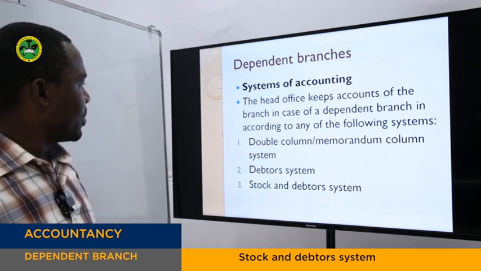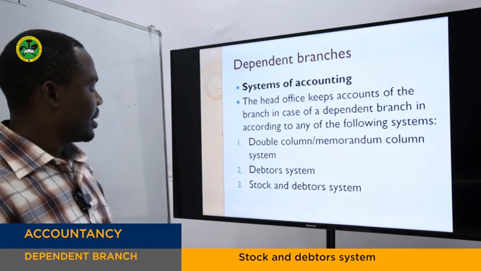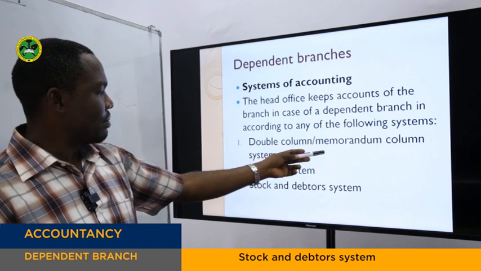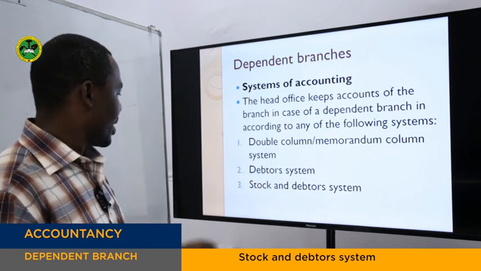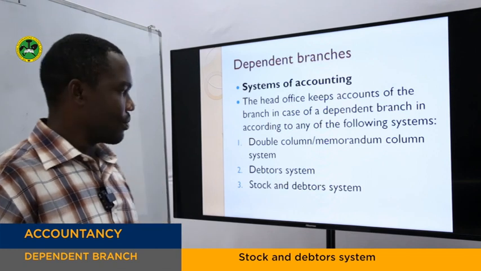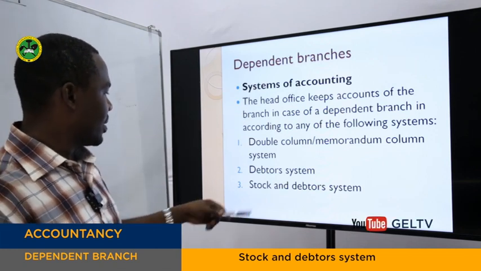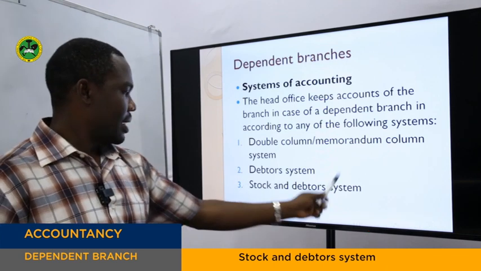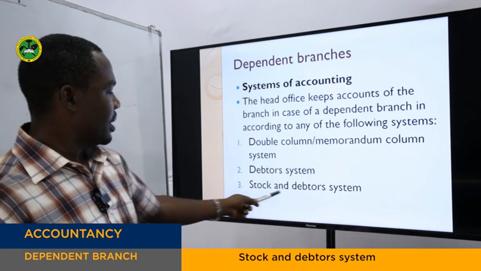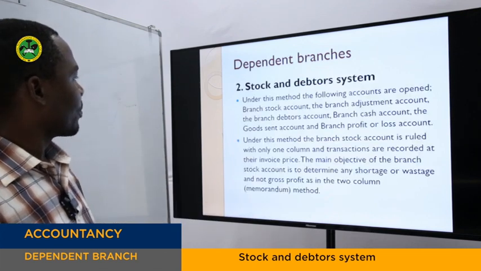In the system of accounting, as you can remember from the previous lesson, we said that we have double column and debtors system and stock and debtors system, which we covered in the last lesson, and I told you to revise. But today we are going to see another question in stock and debtors system.